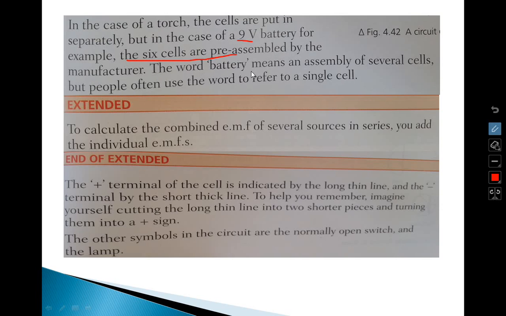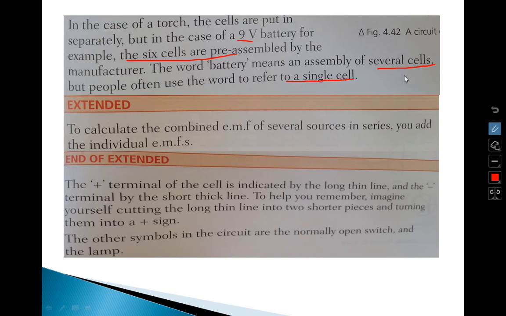So the word battery means an assembly of several cells to get a value of 9, 10, 12, 20 volt, whatever. But people often use the word to refer to a single cell.